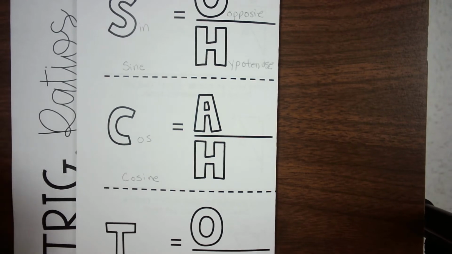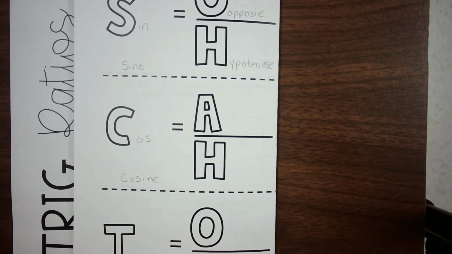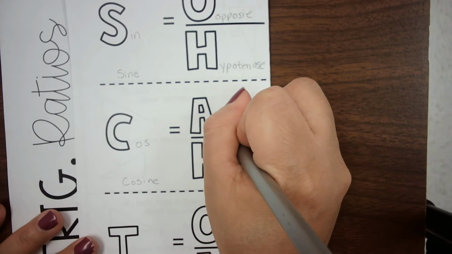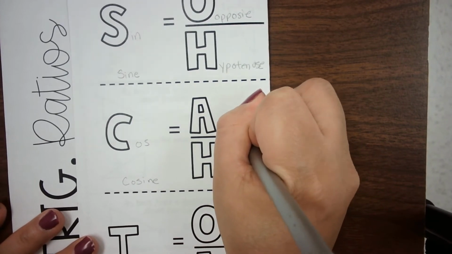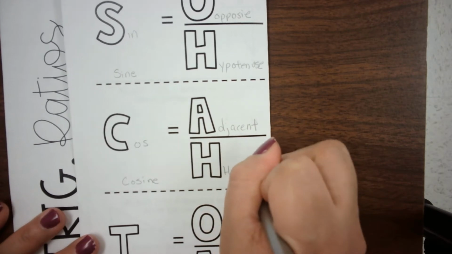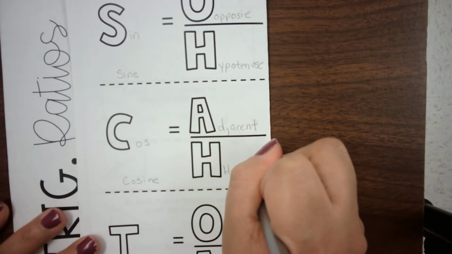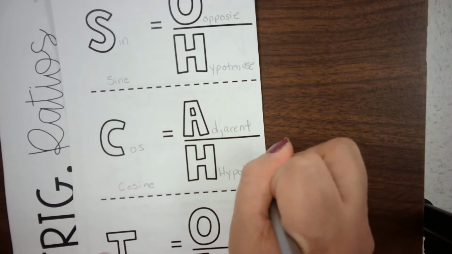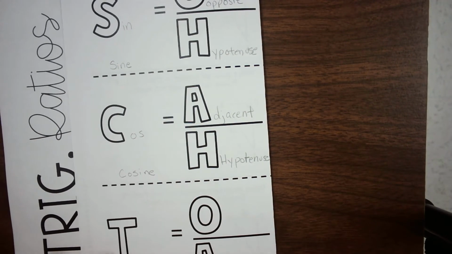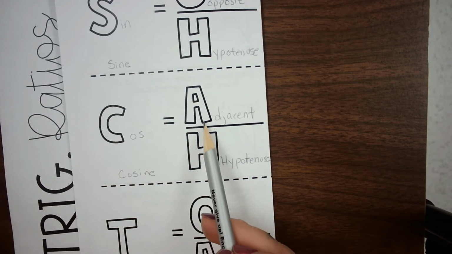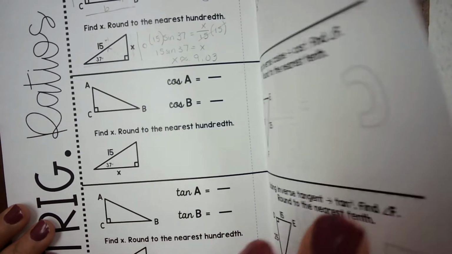And what this ratio is, depending on the angle that they give you, is that you're going to have the adjacent this time and the hypotenuse. And what it means to be adjacent is that we're talking about the side that touches that angle. So let's take a look.